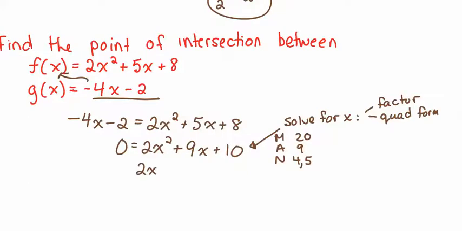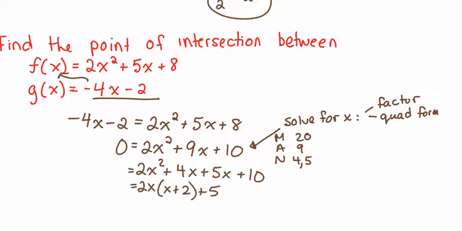So I'm going to replace the middle term with 4x and 5x. Then I'm going to factor out a 2x from the first two terms. I'm going to factor out a 5. And then, since my brackets are the same, I'm going to factor them out. And then I have 2x plus 5 left over.